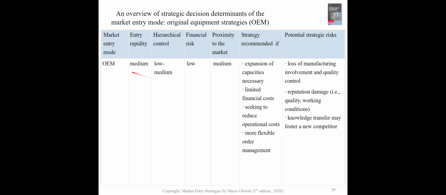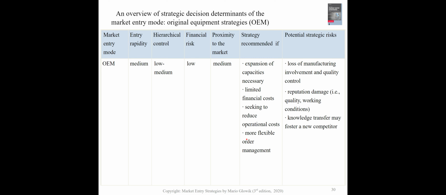Original equipment manufacturing is applied mainly in manufacturing industries such as automotive, electronics. We can expand our capacities because part of our manufacturing activities then is done by our contract partner abroad, which limits our financial costs and reduces the operational costs.